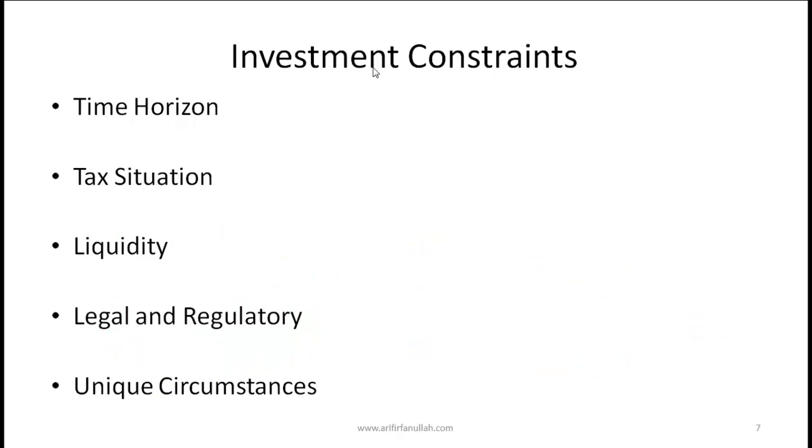Investment constraints. Now, you need to memorize these 5 constraints and you need to understand briefly what they mean. Time horizon refers to the time horizon that our investor has. In the example that we just saw, the time horizon is relatively long. It is 20 years. In an earlier example, I talked about an investor who is 65, retiring in 5 years. So this investor only has a time horizon of 5 years, which is shorter. Why is it so important to understand the time horizon?